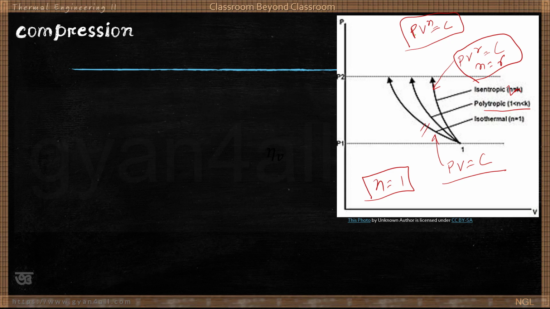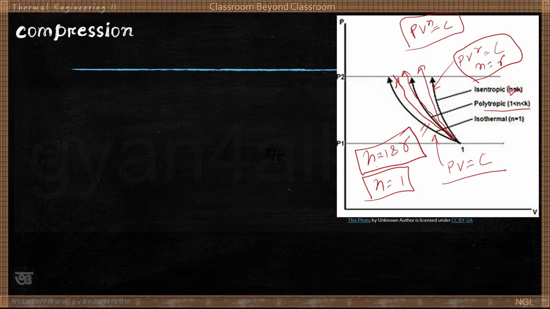So in compression, the process may be adiabatic, or it may also be isothermal, and generally the processes are between isothermal and isentropic. There may be any number of processes between n equal to 1 and gamma. So the value of n may be less than gamma and greater than or equal to 1.